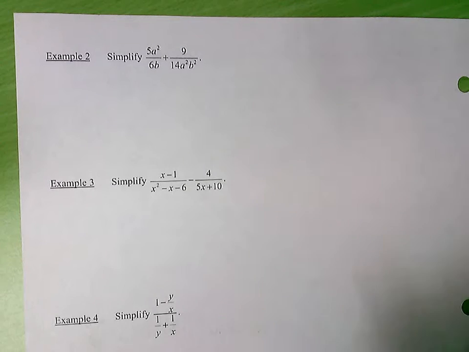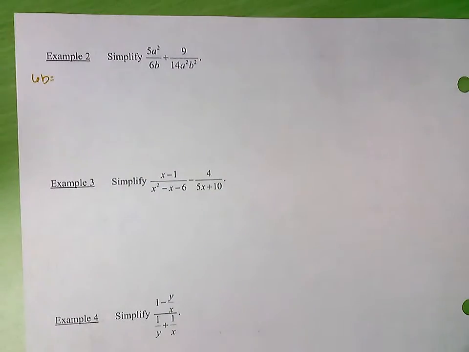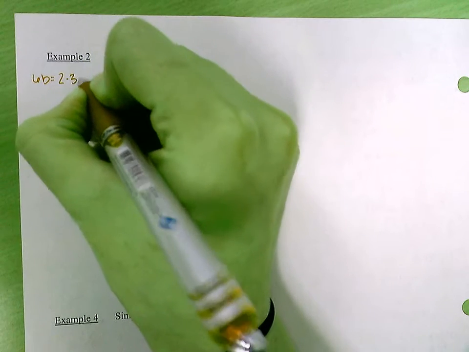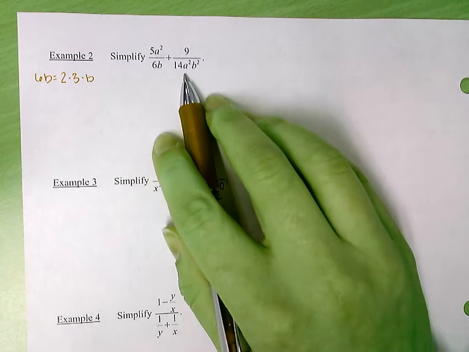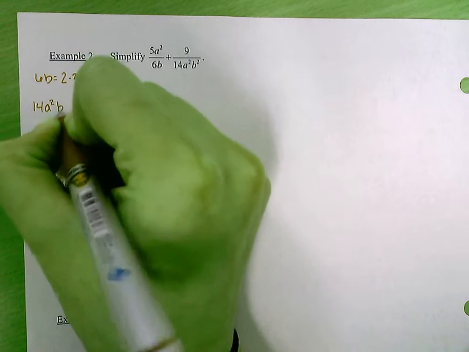So 6b, and we want to find its factors. So 6 is 2 times 3. And then I still have this times b. Next I have to do it to the other denominator. So that is 14a squared b squared.